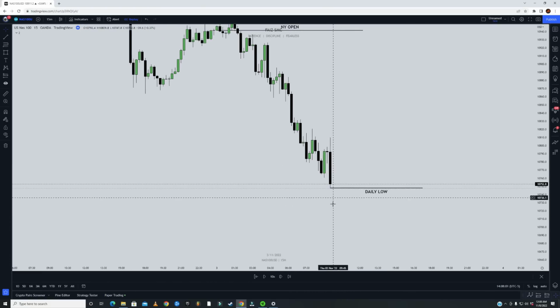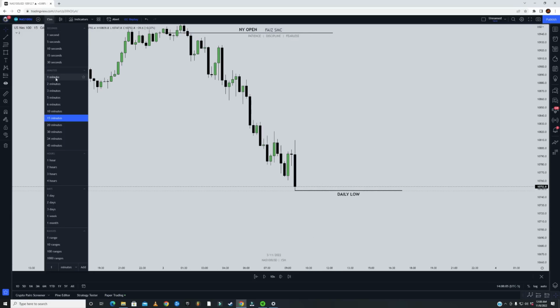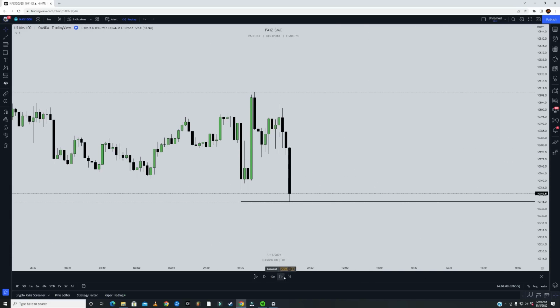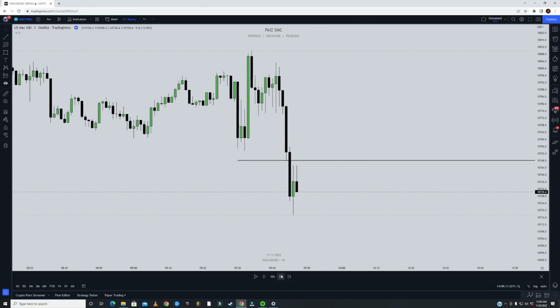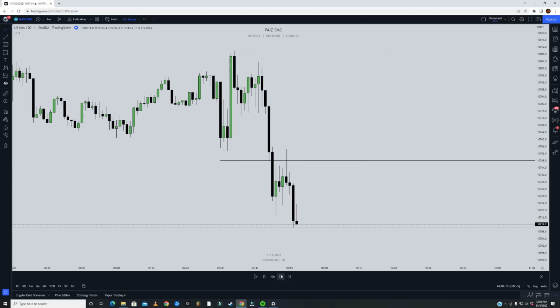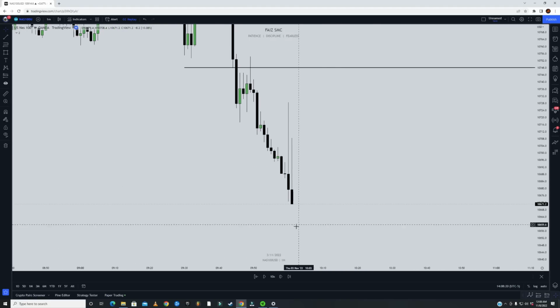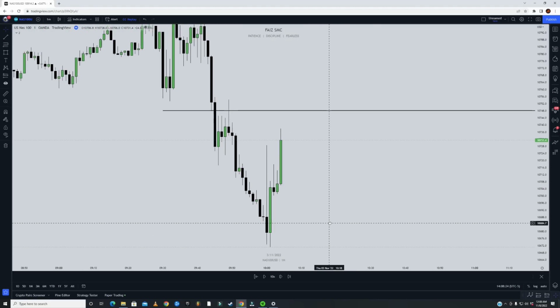So now after 9:30, once this candle closes, you want to go down to the 1 minute time frame, okay? And then what you want to wait for is a sweep, right? And then you want to wait for market structure shift. So we got no shift at the moment.